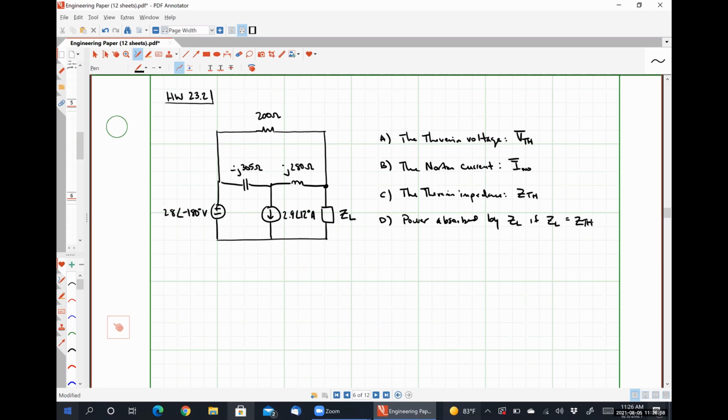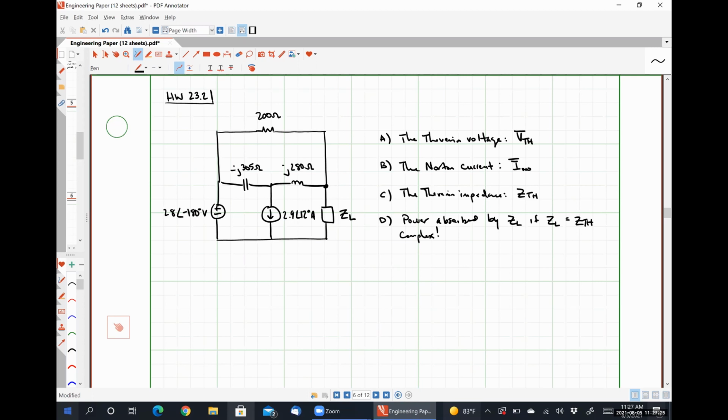It does not explicitly say this in the problem statement, but when you go down to the answer blocks, it says specifically S_ZL is equal to something plus j something else volt-amperes. So what it is asking about here is the complex power.